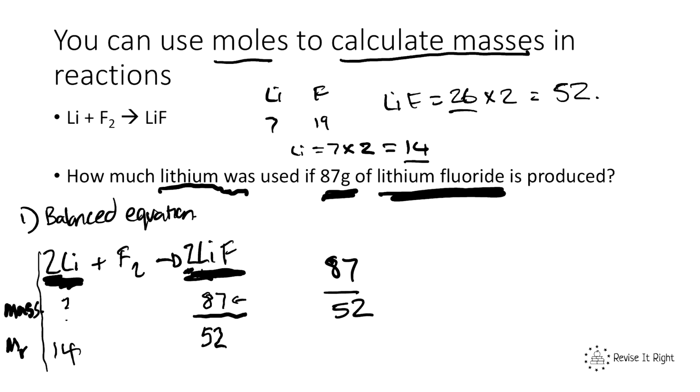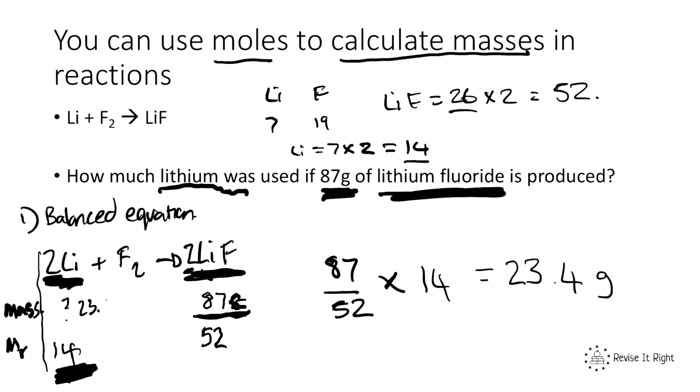Okay, so 87, which is the mass that we know, the grams that we know in the question, divided by the MR, which is 52, and we times that by the MR of the mass that we're trying to find out. So we've worked out the lithium MR to be 14, and you put this into the calculator, so it would be 87 divided by 52 times 14, and our answer is 23.4 grams.